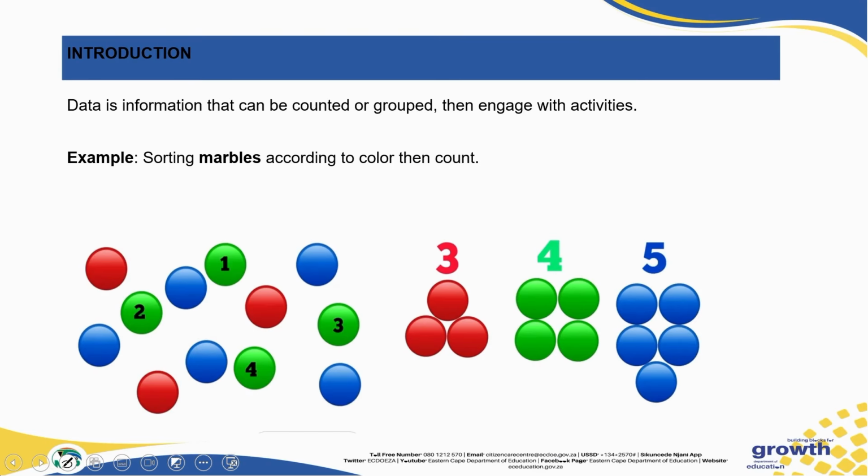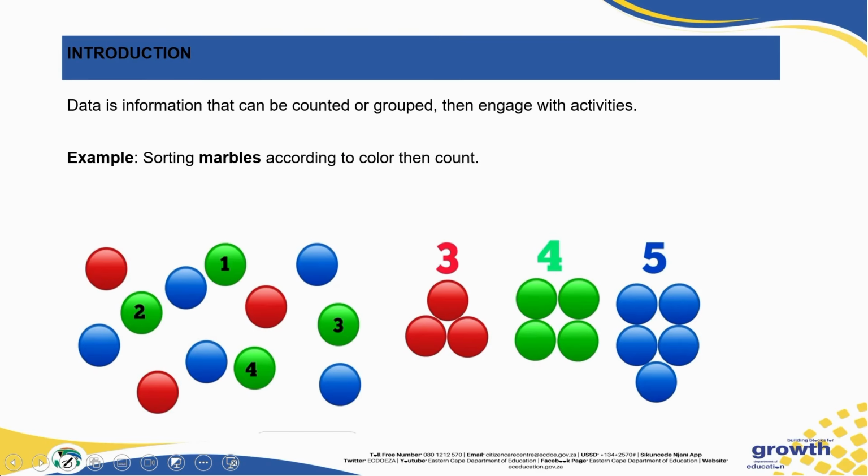Remember, I said data is the collection of information. It can be information about anything. But have a look here. I have marbles. I've collected these marbles. Can you see the colors? It's red, green, and blue.